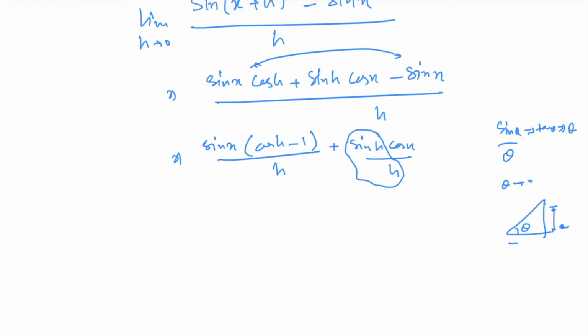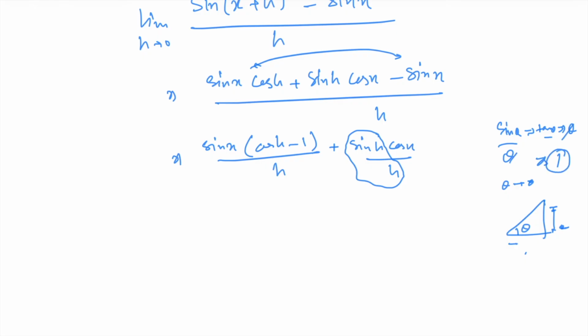So there would be no separate identity of tan theta or sin theta, because your perpendicular is almost 0 when theta is 0. So that's why we can write sin theta, tan theta equal to theta when theta is very small, and then theta would cancel out, it becomes 1.